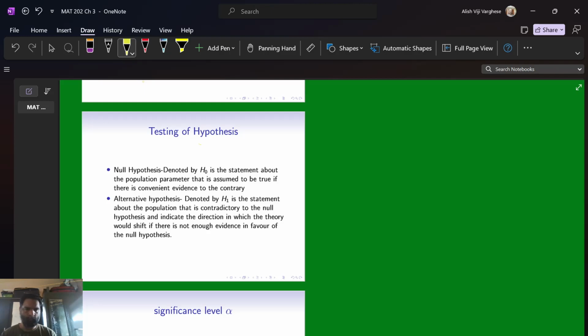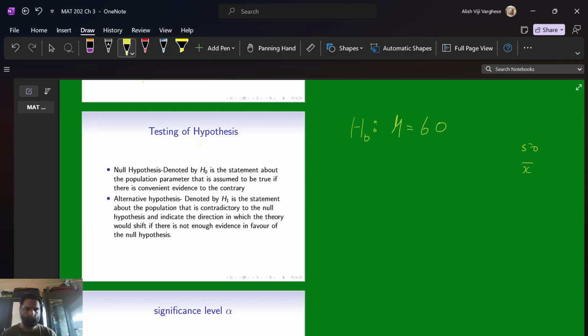If we are not accepting the null hypothesis, then what will we do? So if our null hypothesis is like mu is equal to 60, that is the average mark is equal to 60, and I collect a sample of size 50 and find out the sample arithmetic mean, and based on the statistic, I make a decision on H naught.